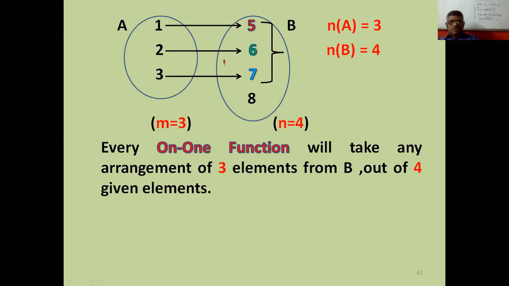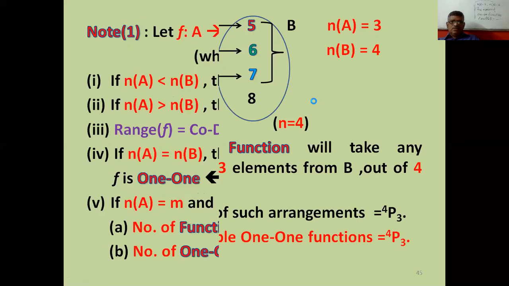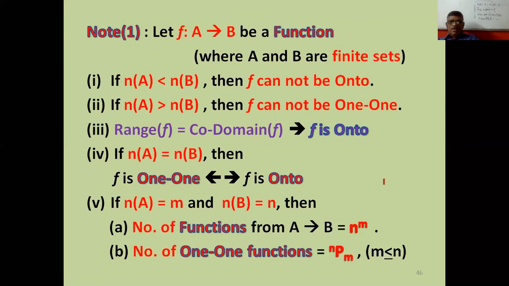F of 1 is 5, F of 2 is 6, F of 3 is 7; F of 1 is 6, F of 2 is 5, F of 3 is 7 is another function. It is the arrangement, which is permutation. Any arrangement of 3 elements taken out of 4 gives a one-to-one function, that is 4P3. The number of one-to-one functions from A to B is 4P3, in our case nPm. Okay.